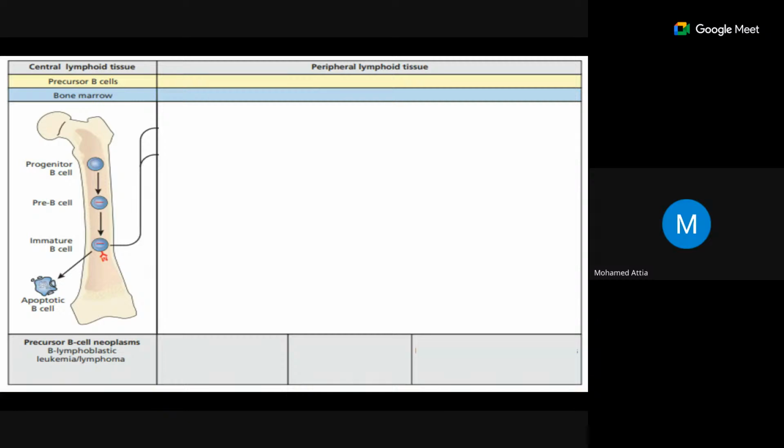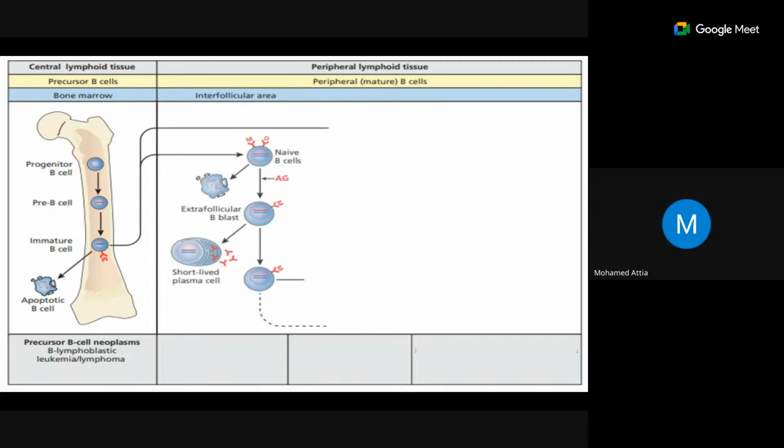But when the cells become mature and go to the interfollicular area and migrate to the lymph node, they first form what are called naive B cells, which will form short-lived plasma cells without maturation inside the follicle. From this kind of cells, which are called pre-germinal center cells, some malignancy can occur. Of course, the most important of them are CLL and SLL, and their cousin, the mantle cell lymphoma, our lecture today.